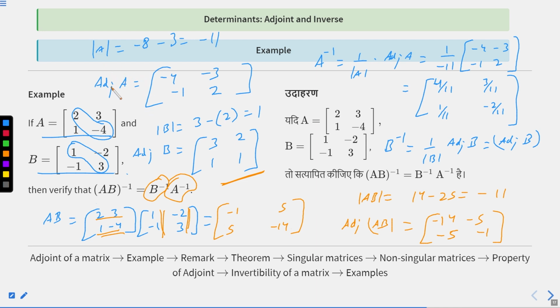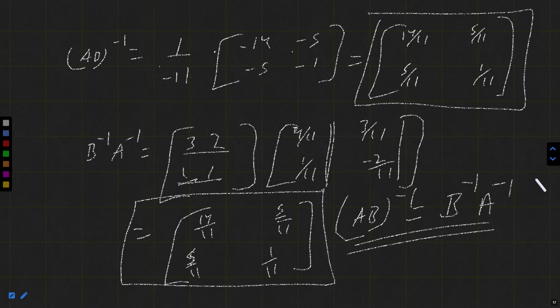Okay, so let me just quickly go through these steps. We have to verify that AB whole inverse is the same as B inverse A inverse. So to find the inverse, first of all, I need the adjoint.